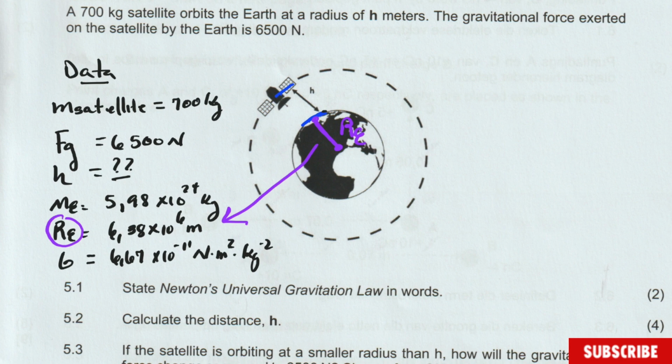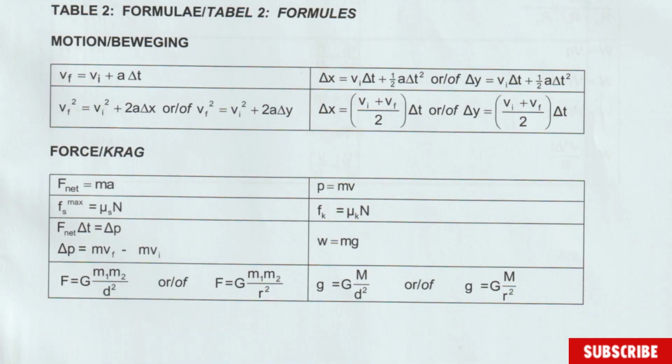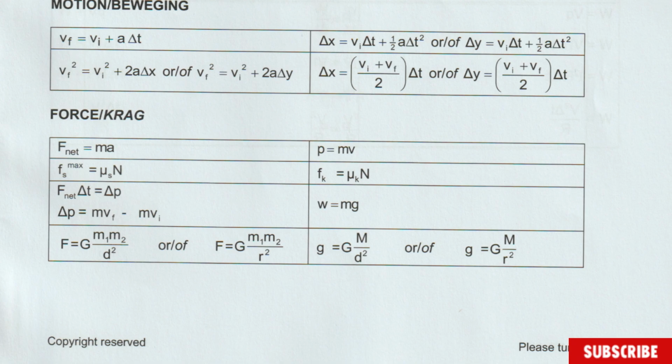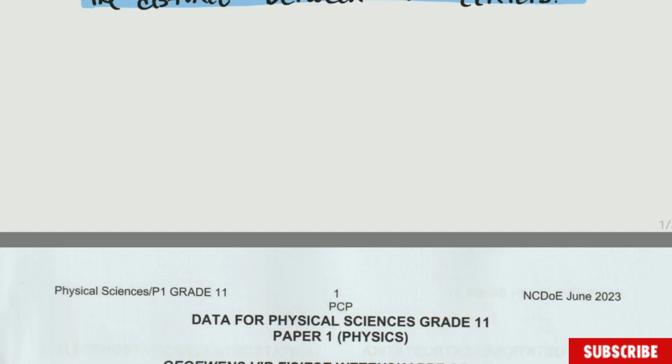So what we have to do is use the universal law formula, which is just here. It's the same formula with a different symbol. Please don't get confused. It's the very much same formula.